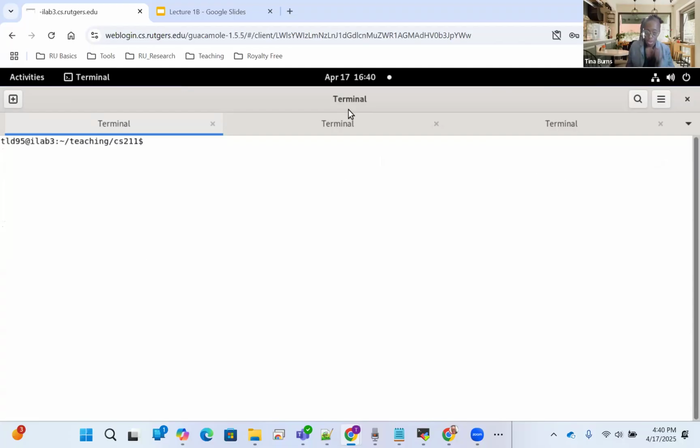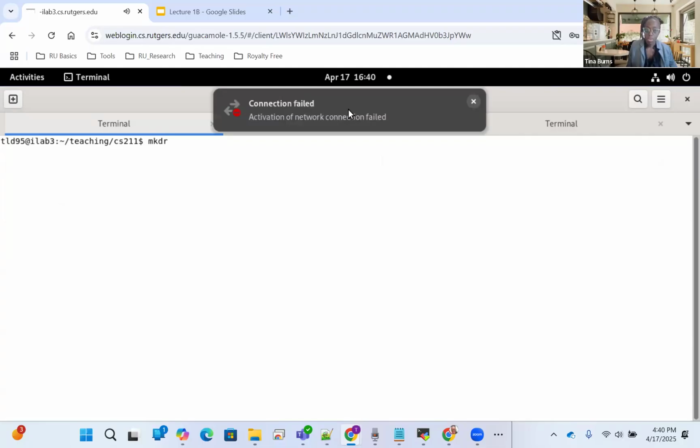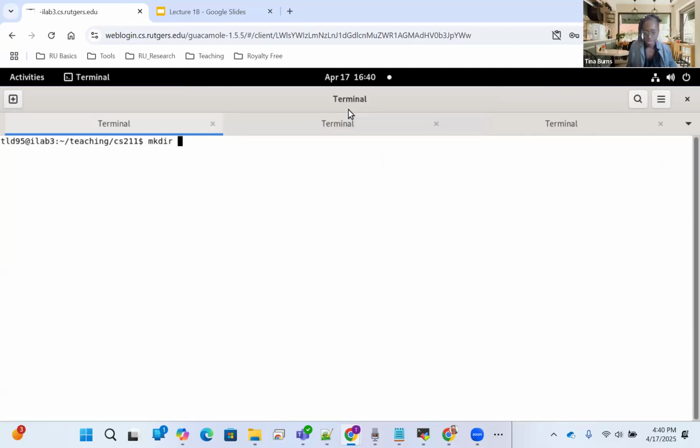I'm going to clear all that out, and I'm going to make a folder for, I'm going to call this 2025 SU, and then I'm going to CD into that. All right, so now I'm in this folder. There's nothing in there. And if I wanted to, I could go ahead and start my different programs as well.